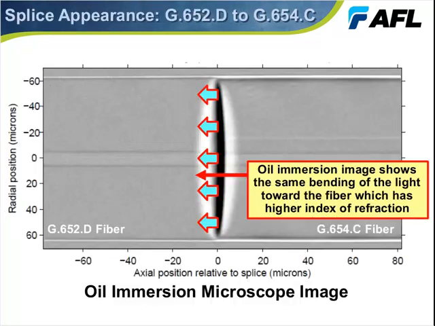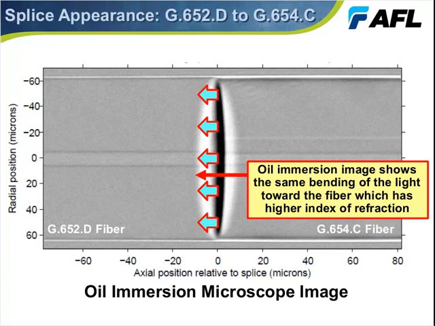Let's move on to the next slide, and here we see once again the oil immersion microscope image. In this image, you can see that there is a vertical line at the splice point, and it's dark on the right side and light on the left side.